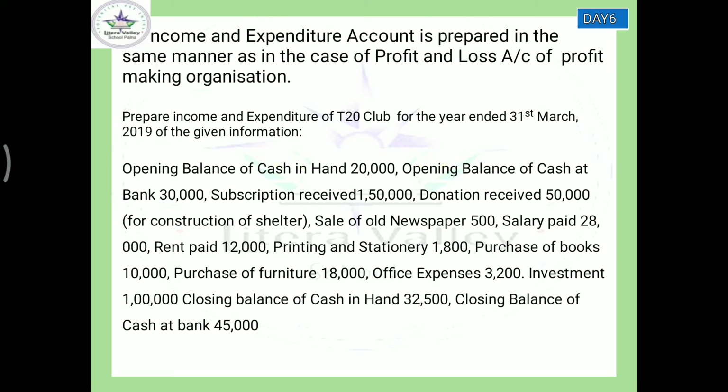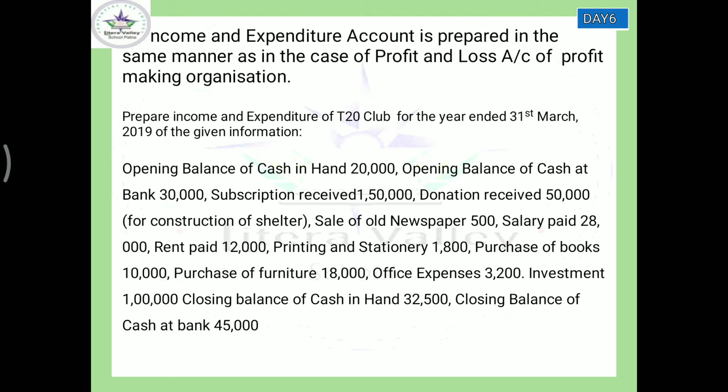It is also not relevant. Subscription is regular nature income, no condition is given there, so subscription is income. Donation received: the information says it is for construction of shelter, meaning you can only use the donation to construct the shelter. So it is actually a capital nature receipt.